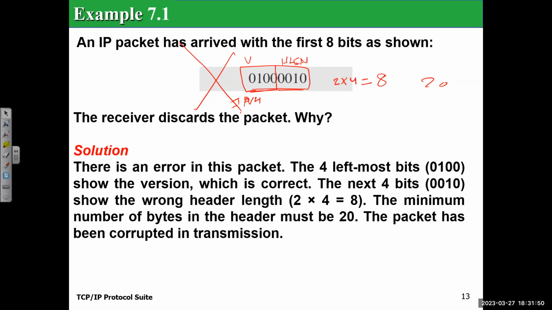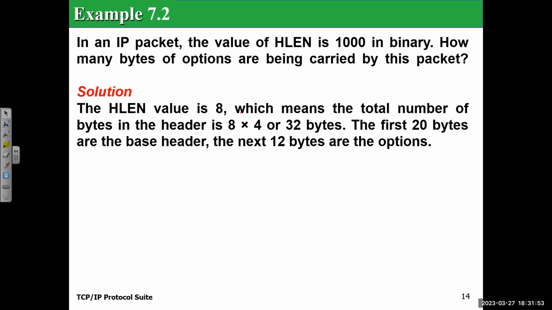All right, let's do another example. An IP packet value. What's the length? 8. 8 multiply 4 equal 32. How many bytes of options are being carried by this packet? Can you tell me? Don't look at the answer.